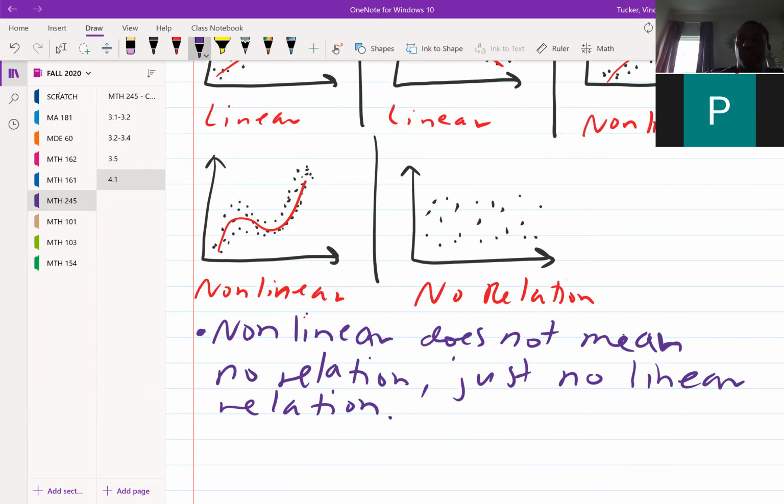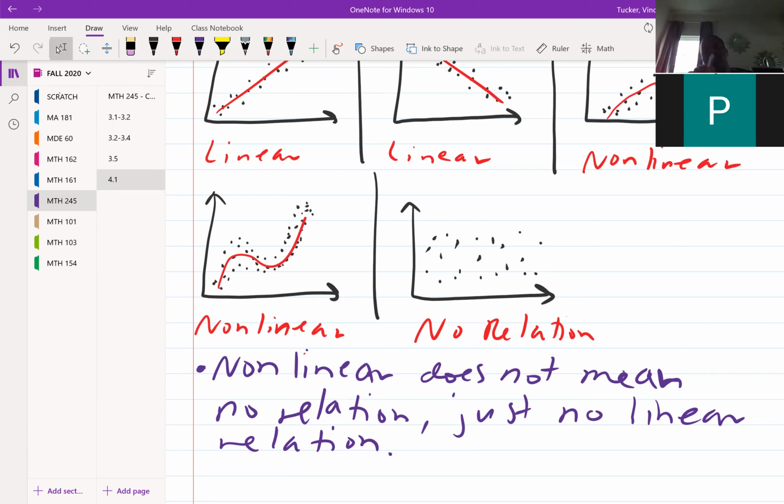All right. So like I said, the third and fourth ones do have a relationship. You can see the pattern. They just don't have a linear relation. And then that last one is an example of not having a relationship at all.